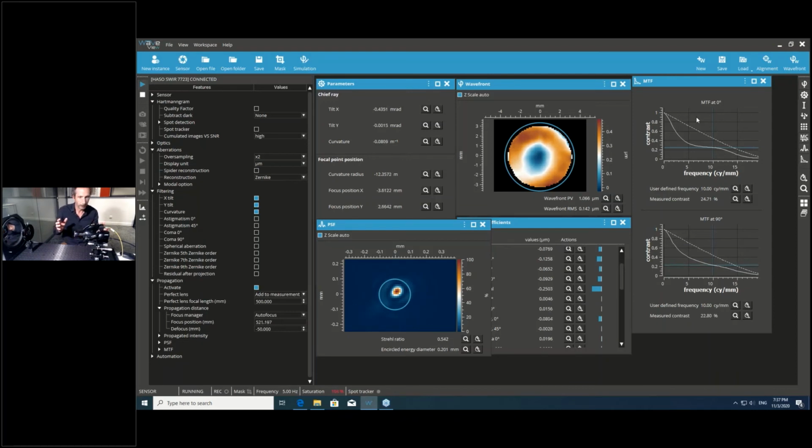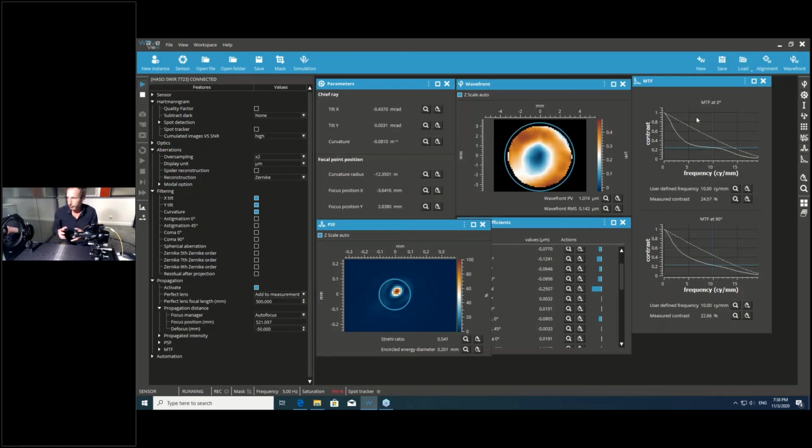So here, with this R-FLEX sphere, we can have the full characterization of this lens in terms of aberrations, PSF, and MTF. And as you have seen, it's really simple to get this characterization.